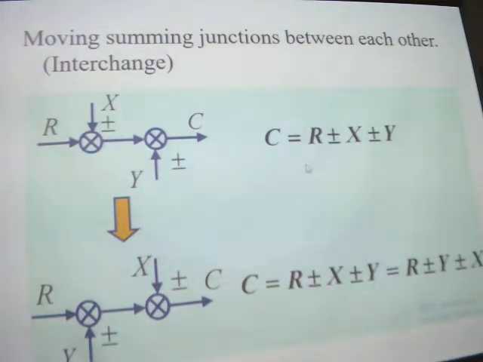It is very easy to understand because it is just arithmetic. So if we change the operation order for the mathematical arithmetic, it keeps the same.